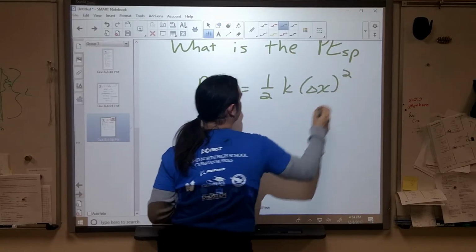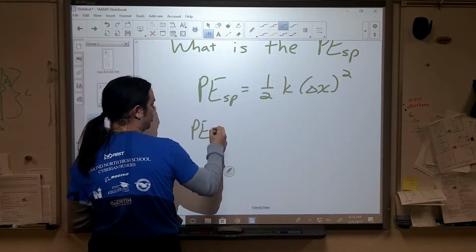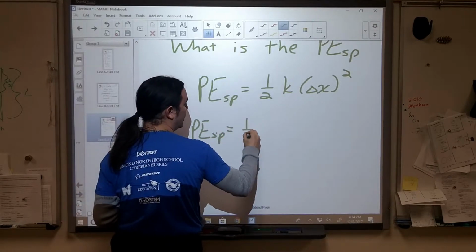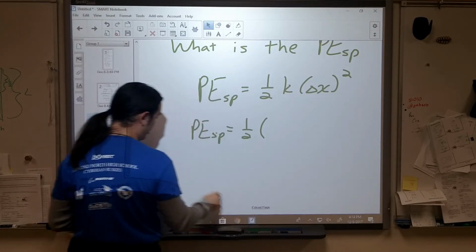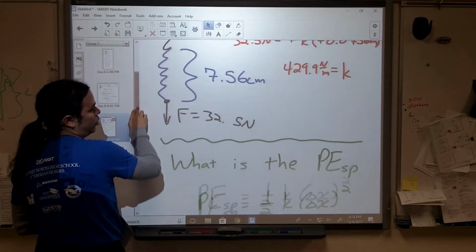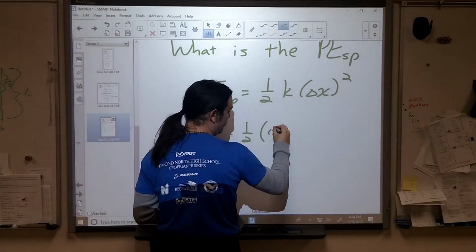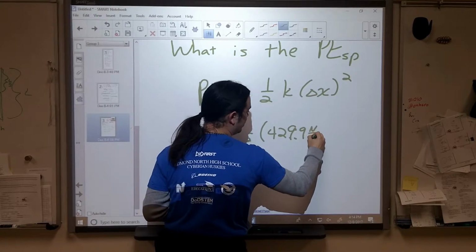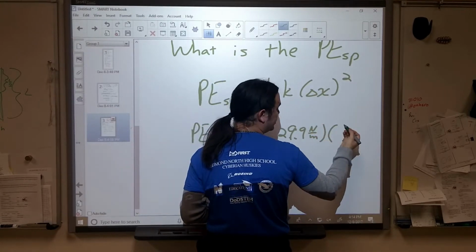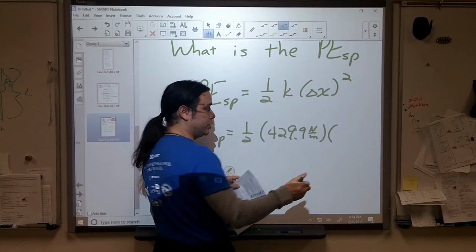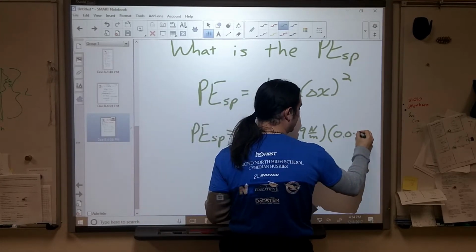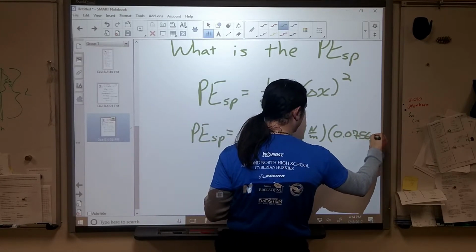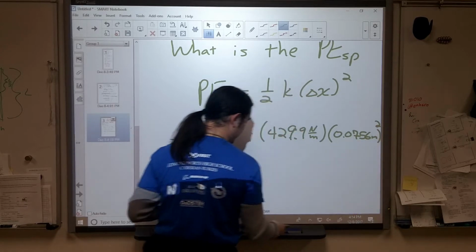x squared. So my potential energy stored in the spring will be equal to 1/2 times the value that we just found, 429.9 newtons per meter, times our displacement, how much we've stretched the spring out, 0.0756, I think it was, meters, quantity squared.